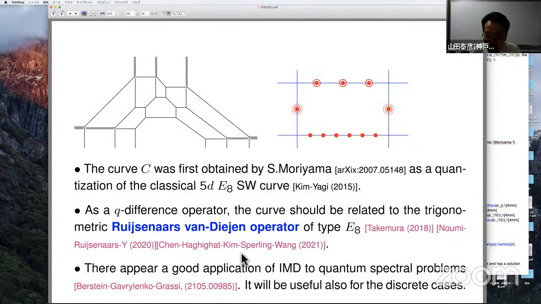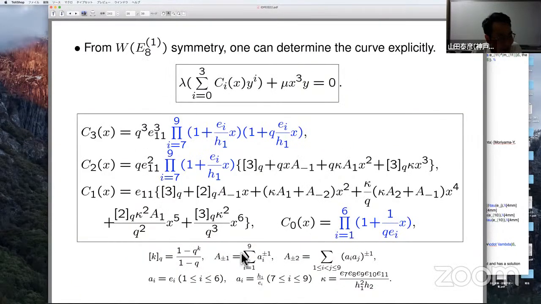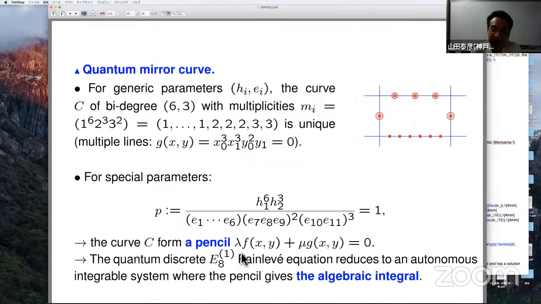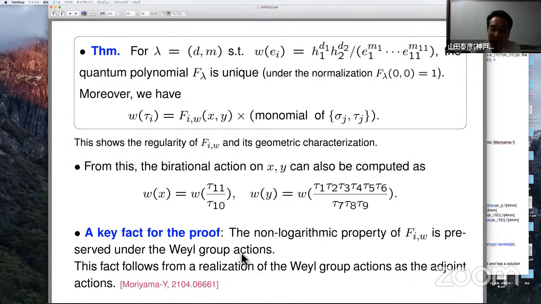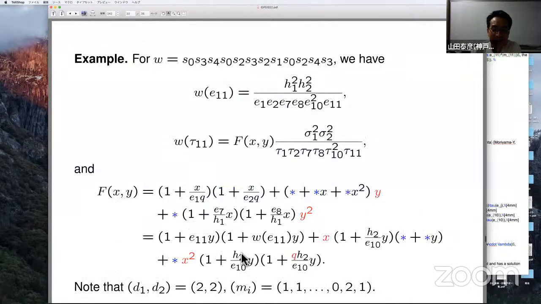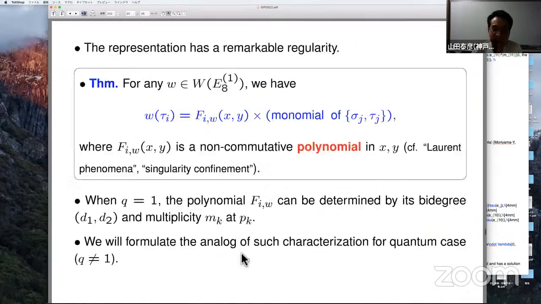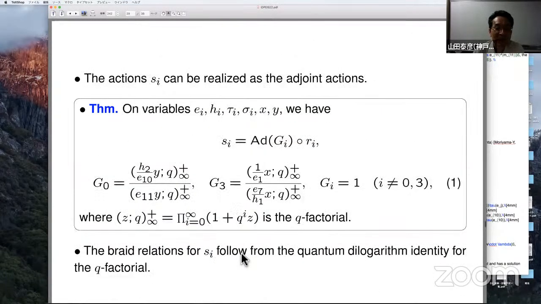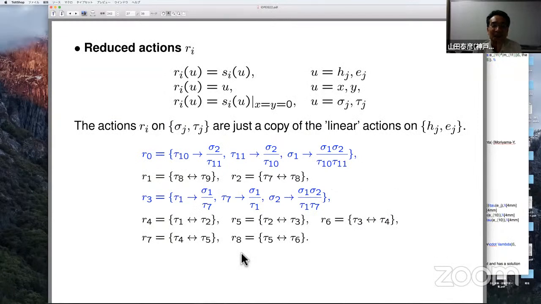And it is quite naturally expected. But I'm not so familiar with cluster algebra. But some people say that the same structure also appears in the cluster theory. In the cluster theory, there is also this kind of reduced action and the full action.